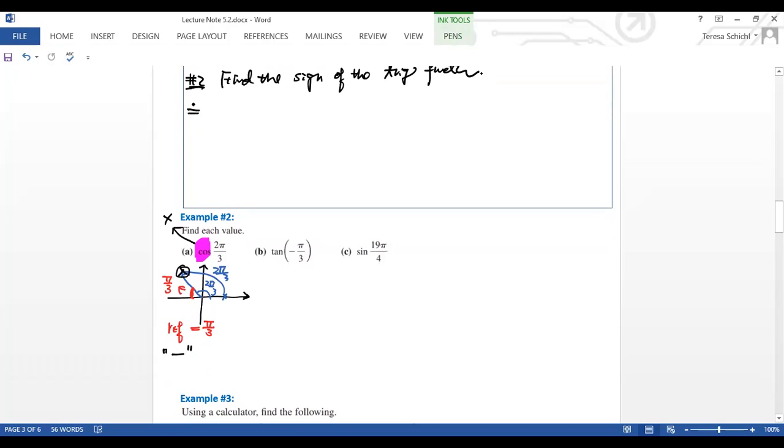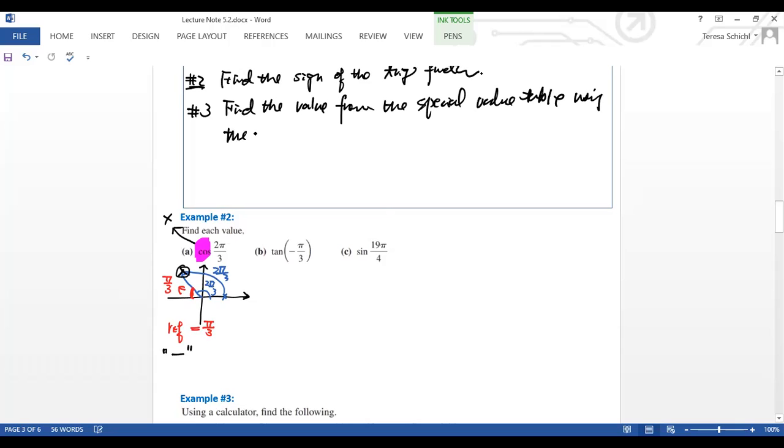Then step number 3: find the value from the special value table. Pi over 3 is here, so you use the reference number.